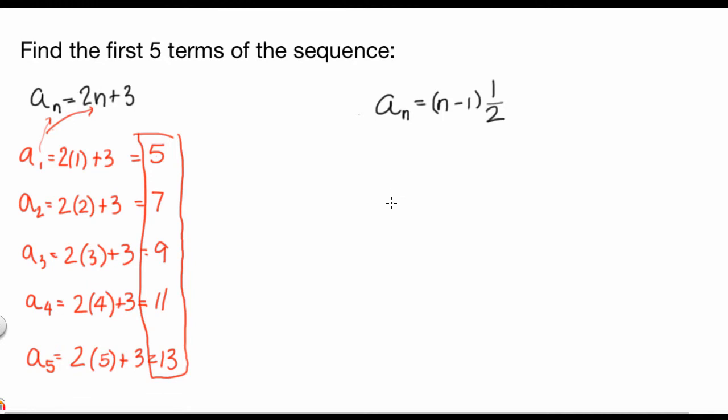Okay. Now let's go with the other example. Okay. So we've got A1 equals 1 minus 1 times 1/2. Of course, that's 0. Okay, A2. That's 2 minus 1 times 1/2.